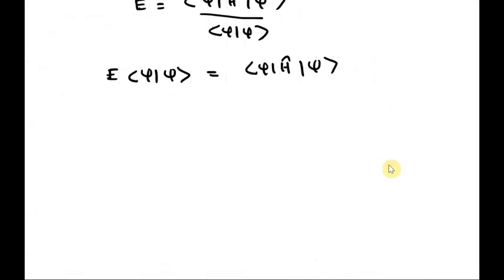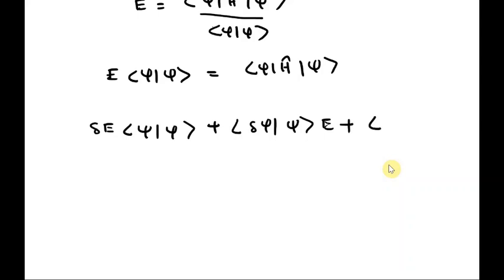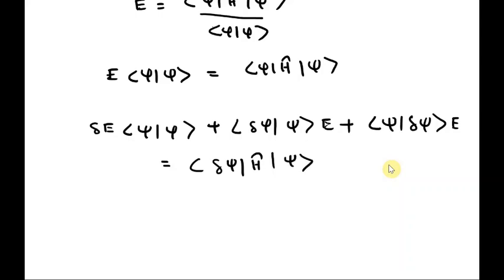When I take the variation, it will become delta E times <psi|psi>, and not just that, the variation of the ket psi and the bra psi will come, with your E. So you have <psi|delta psi> E, which is equal to <delta psi|H|psi> plus <psi|H|delta psi>.